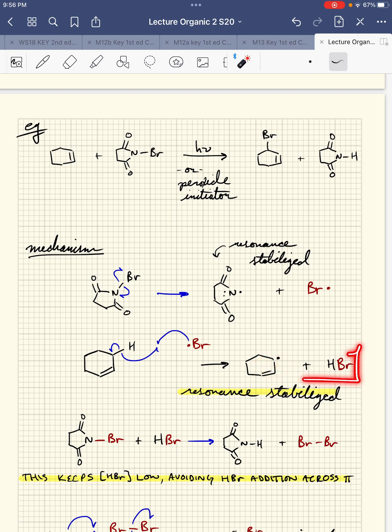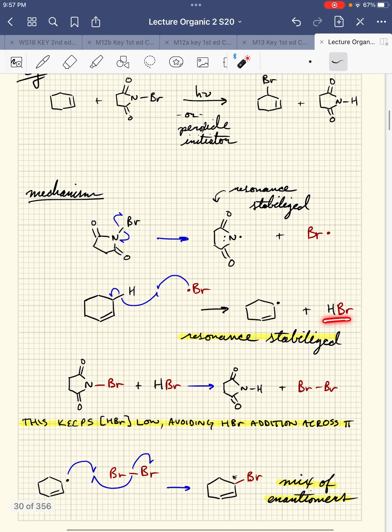And then HBr forms as a result of this hydrogen abstraction. The concentration of HBr in these reactions is kept quite low because HBr reacts rapidly with N-bromosuccinimide to generate succinimide and molecular bromine.